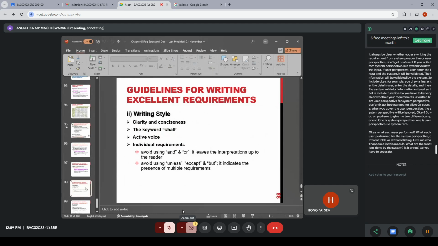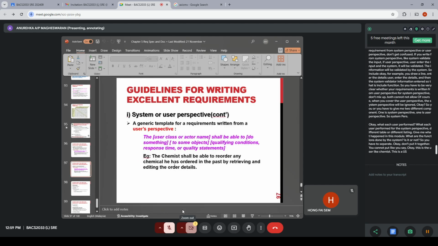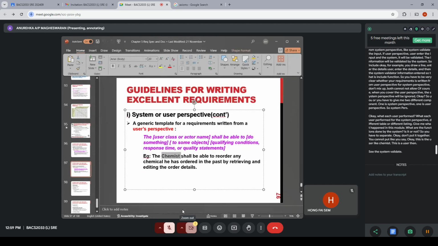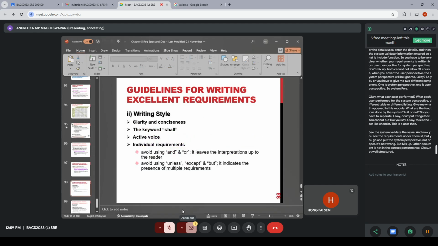You have to separate them. Don't put them together. You cannot say this is the user, like a chemist, and then suddenly say the system validates the value entered. It's not wrong, but it is mixed up. The document is not in the correct format and not well structured.